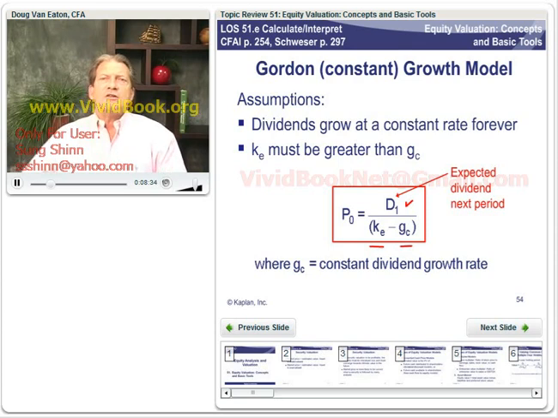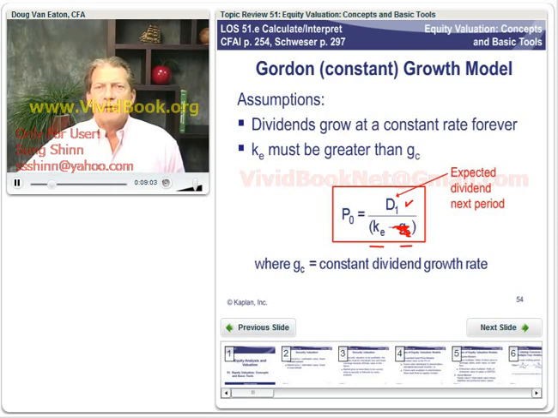What this formula does is take care of the fact that we have an infinite number of dividends. Just like with the preferred stock model or the perpetuity valuation, we had an infinite stream of dividends that didn't grow. Well, notice this about the constant growth model. If growth is 0, then it's the same model as we had for preferred stocks or for a perpetuity.